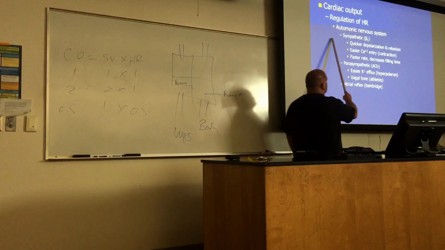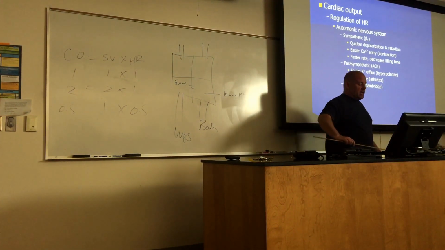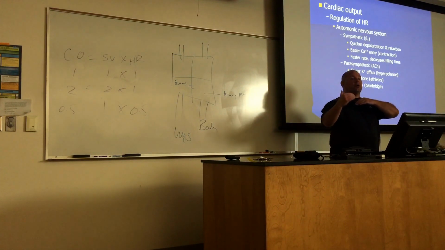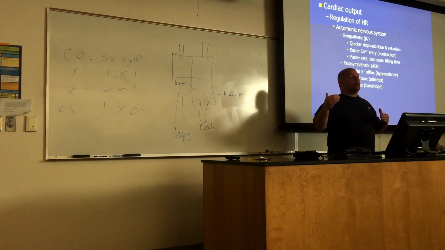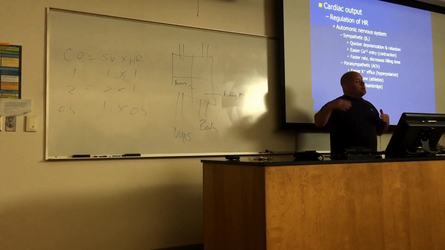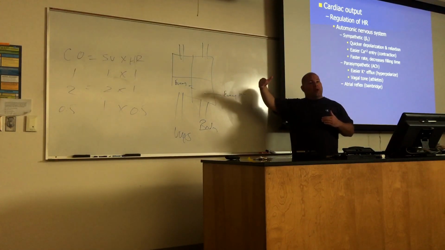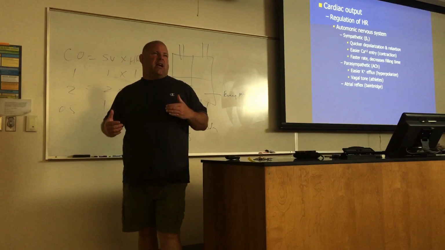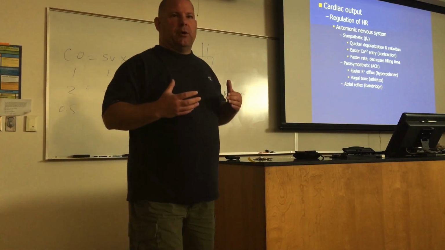Now, what this does, it allows for the pacemaker cells to depolarize quicker. If they depolarize quicker, then my rate can go up. But remember, I still have that absolute refractory period that we have to deal with.